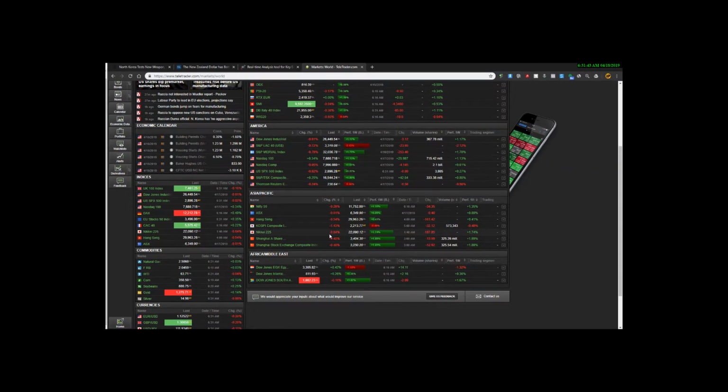It's the same if you're looking at the morning hours in America, the indices and stocks, and we see that the Dow Industrial is down. We're looking at the NASDAQ composite, the S&P 500 and so forth.